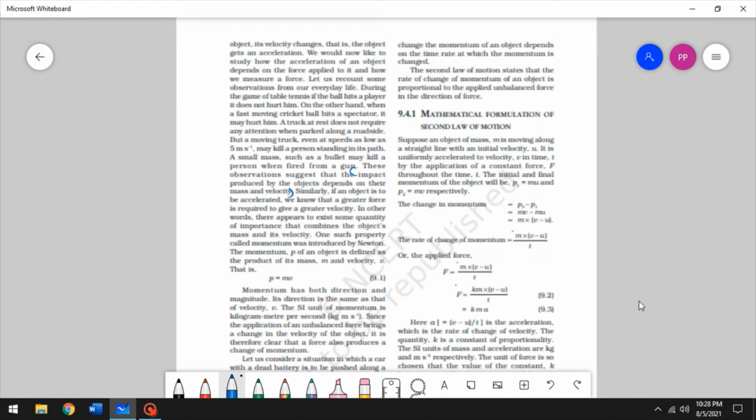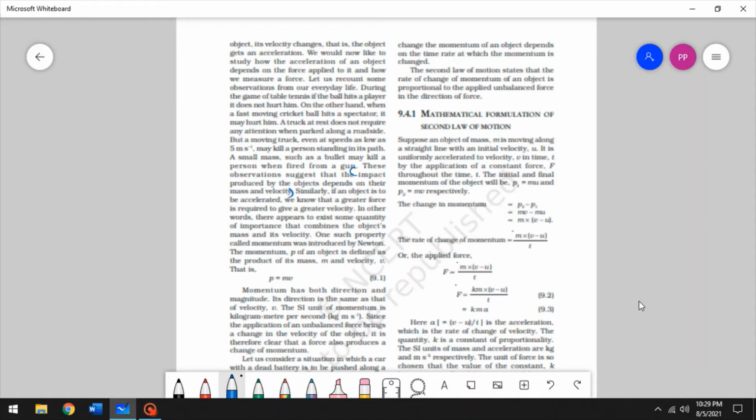The situations talked about the importance of mass and velocity in an object to make a difference in its force.